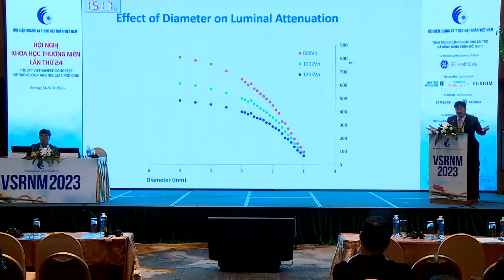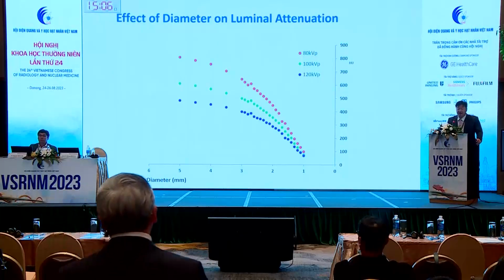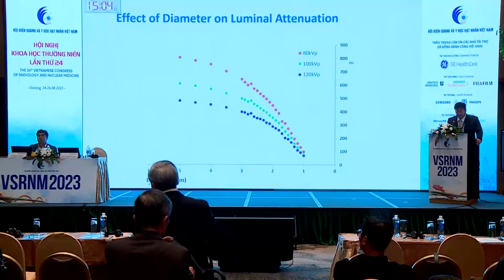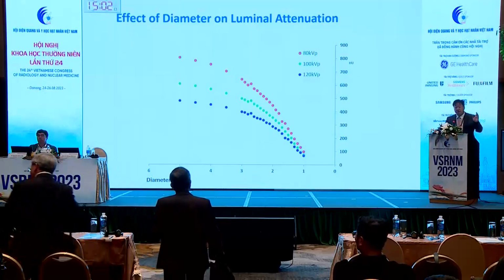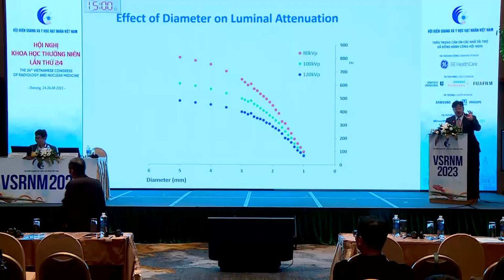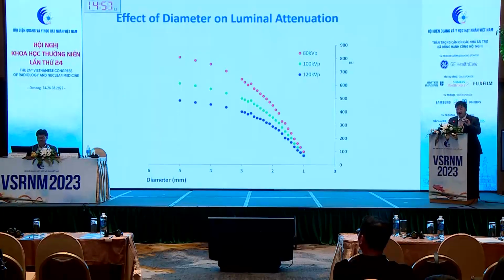It's a 1/8 difference, which is huge. Interestingly, the 3 millimeter vessel has enough pixels in there, but still has 20% lower attenuation than the 5 millimeter vessel. So this means that in the coronary artery, even a very thick 3 millimeter coronary artery has a lower attenuation than the 5 millimeter proximal segment.